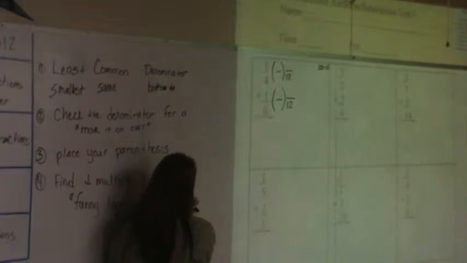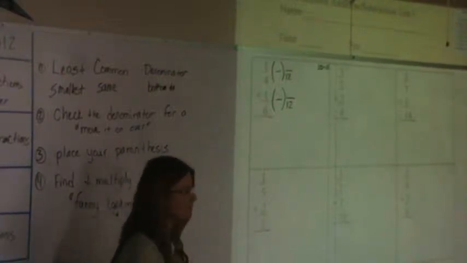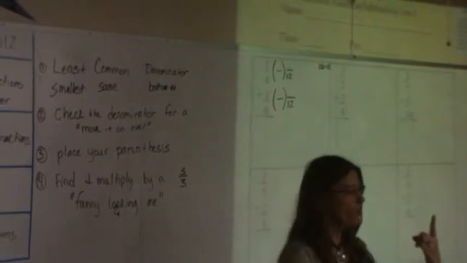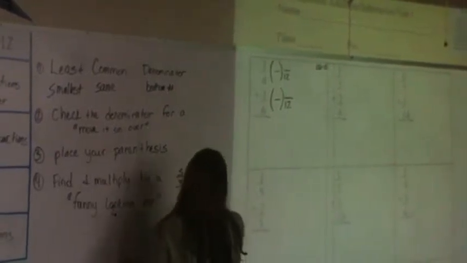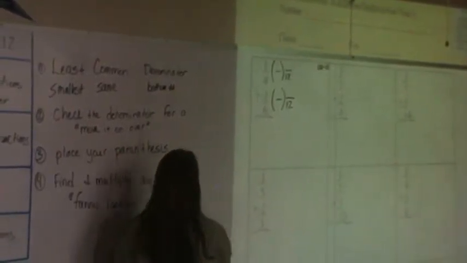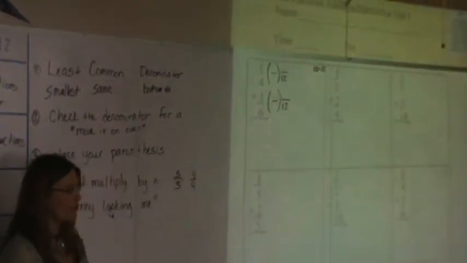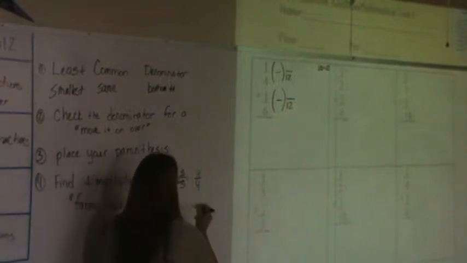Okay, so let me explain a funny looking one. 3 divided by 3 is a funny looking one because 3 divided by 3 equals 1. 4 divided by 4 is a funny looking one because 4 divided by 4 equals 1. And let me show you how this reads. We read this as 3, fraction bar means division, 3 divided by 3. 4 divided by 4.